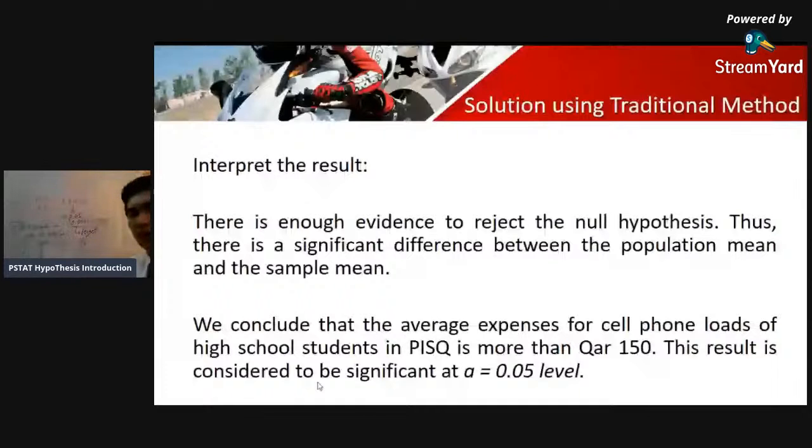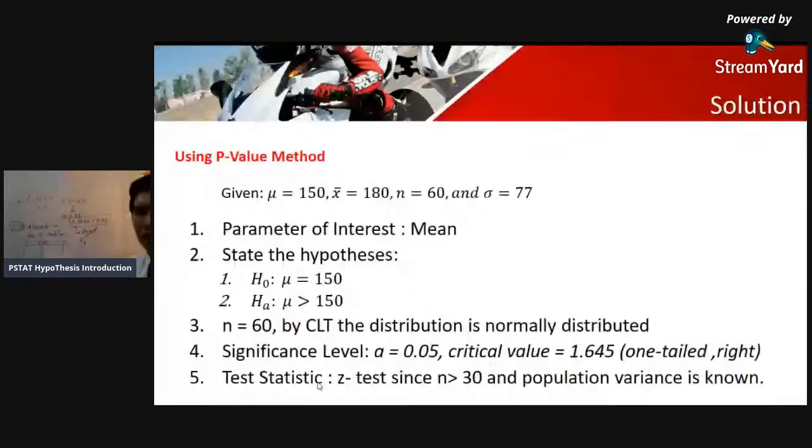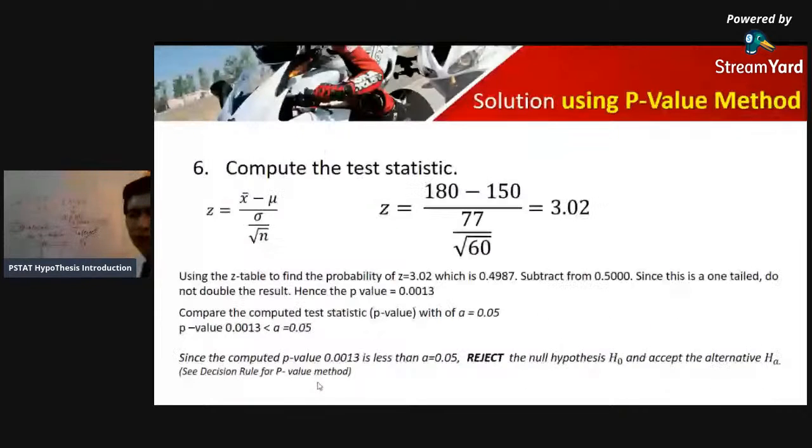Okay? So here's the p-value, same thing. For 3.02, the table value is 0.4987, and we subtract it from 0.5000. Again, if the z value is more than 3, as you can see at the bottom of the table, there is a constant value. You use that constant value if your computed z value is 3 or greater.